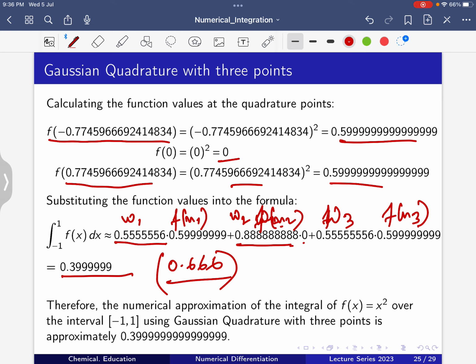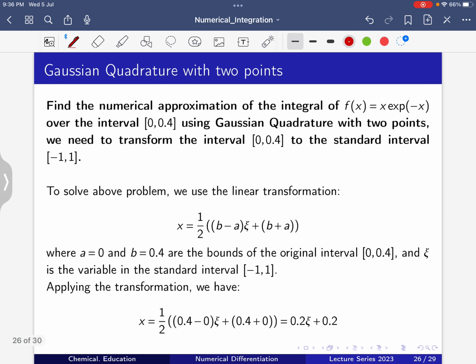Now we know how to use the 2-point and 3-point formulas for Gaussian quadrature. Now here we use Gaussian quadrature with 2 points, but here the interval is different. The function is given, f(x) is x e to the power minus x, and the interval is 0 to 0.4, meaning the integration is the integral from 0 to 0.4 of f(x) dx.